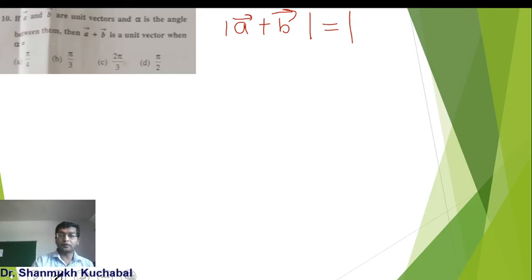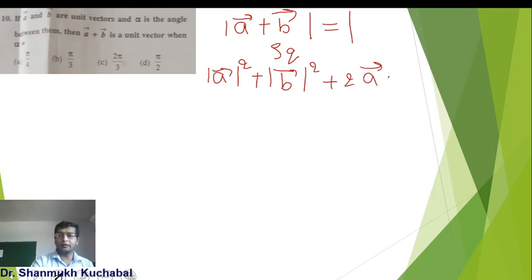Then we square both sides, applying the A plus B whole square formula. We get vector A square plus vector B square plus 2 times vector A dot vector B equal to 1.